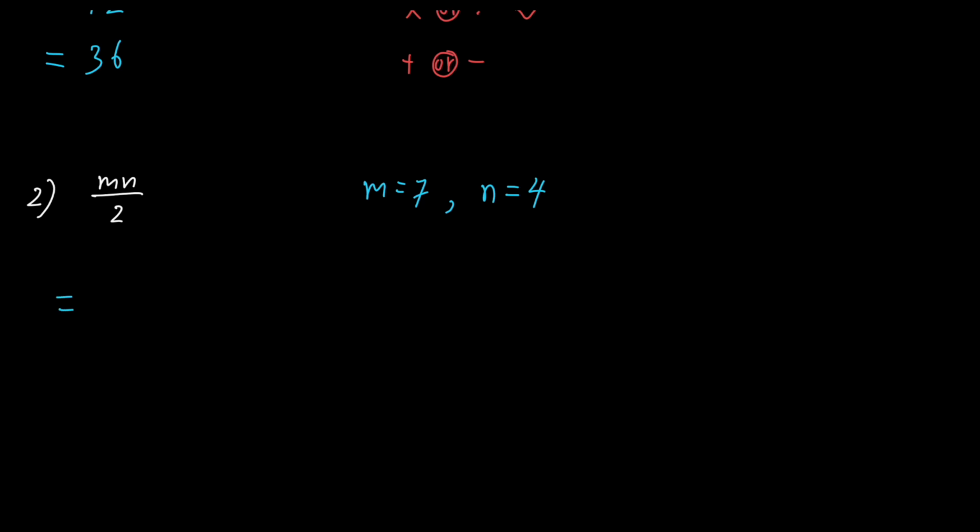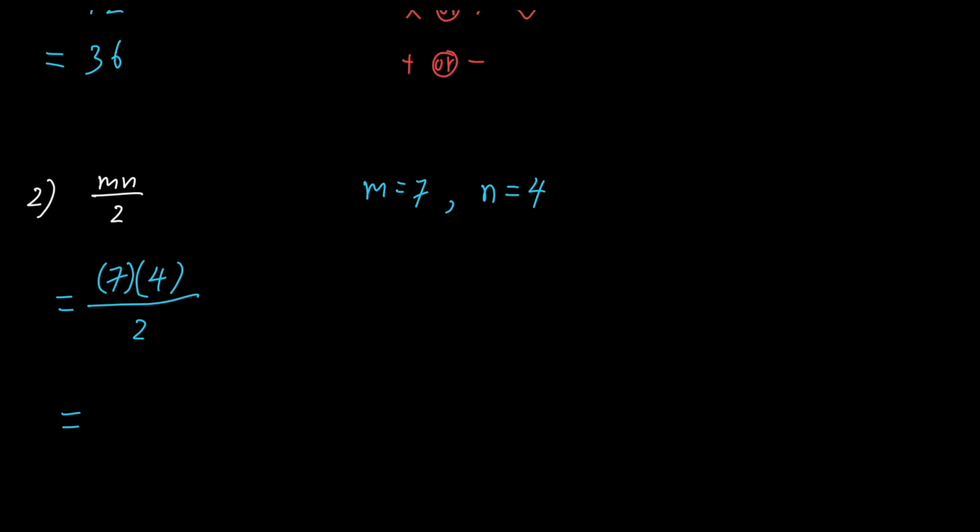So m is 7, and n is 4, then divided by or over 2. Then we gotta calculate things on the upper half first, and then calculate the rest.